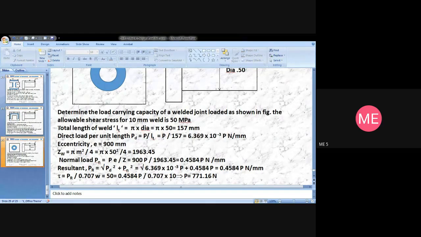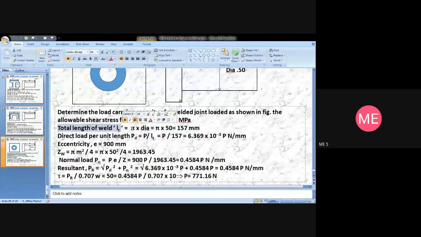Total length of the weld is given by circumference of a circle, that is pi into d, that is pi into 50, will give you 157 mm as the total length of the weld. Then direct load per unit length, eccentricity, ZW, is given by pi into m square by 4. In this case, that m is nothing but d.